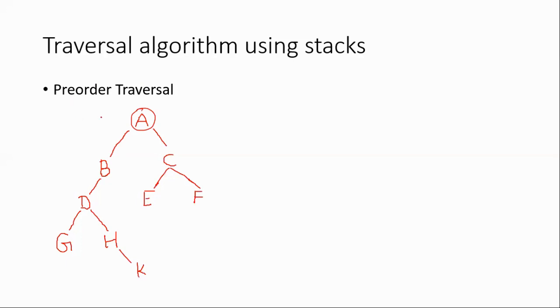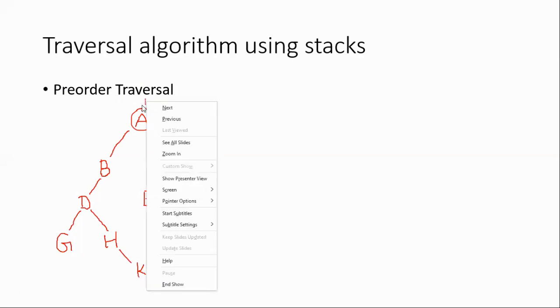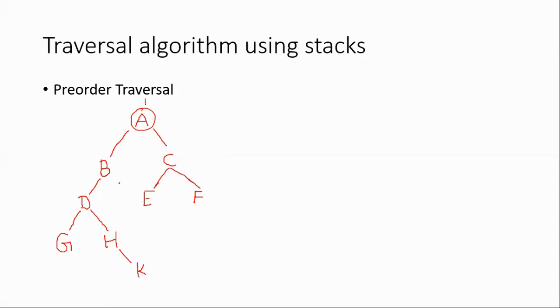So what will the pre-order traversal do? Informally, it first processes the root node, that is A. Next, if there is a right child for the root node, the right child will be pushed onto the stack. Then it will go on to process the left child.